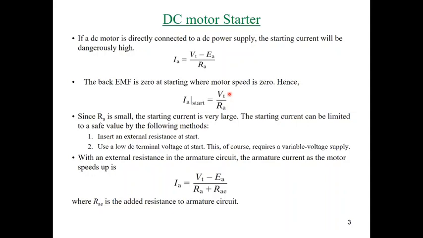However, in conventional drives, voltage control was very difficult, so they preferred the other solution, which is adding resistance to the armature circuit. So a well-known device called motor starter or DC motor starter is based on using added resistance in the armature winding in order to decrease the current at starting.